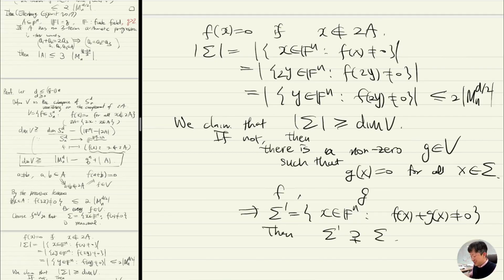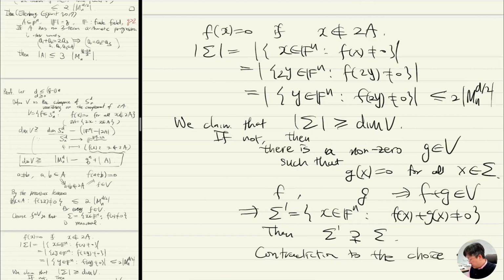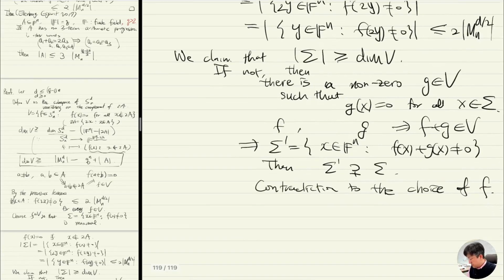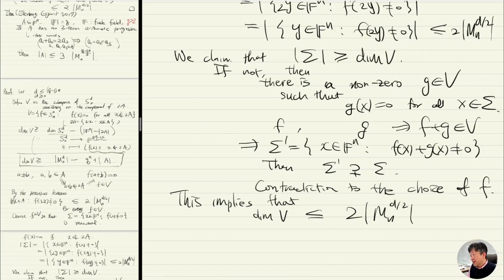It contains all of sigma and more, and f plus g is in V. This contradicts the choice of f, since we could replace f by f plus g. So this implies that the dimension of V is at most twice m_d over 2.